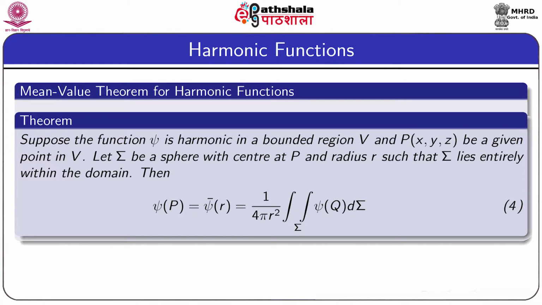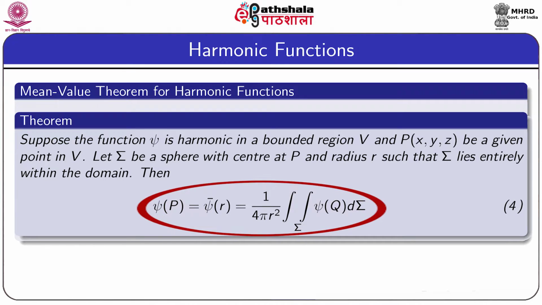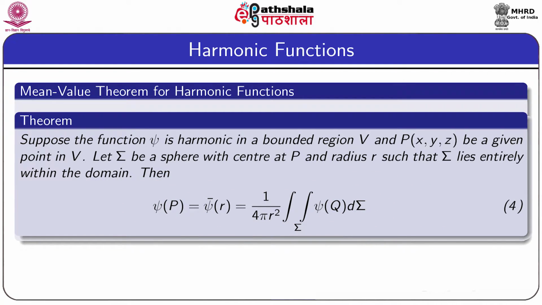Then psi at the point P is equal to psi bar r, which is the spherical mean of the function psi over the surface sigma, where sigma is a sphere of radius r with center at the point P.